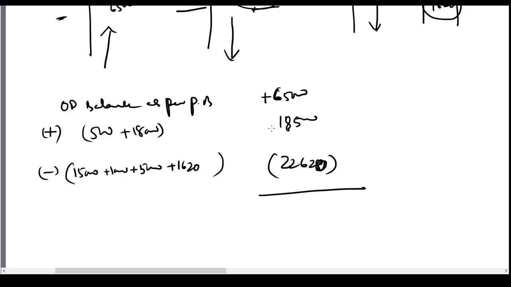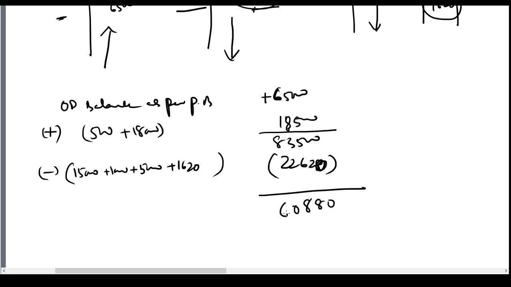Now the total of the plus items will become 65,000 plus 18,500, 83,500. 83,500 minus 22,620. This will be 80. 14 minus 6 is 8. Then 2 minus 2 is 0.